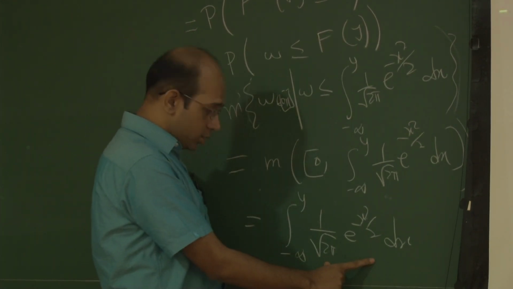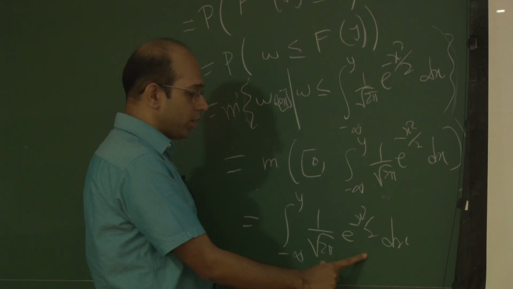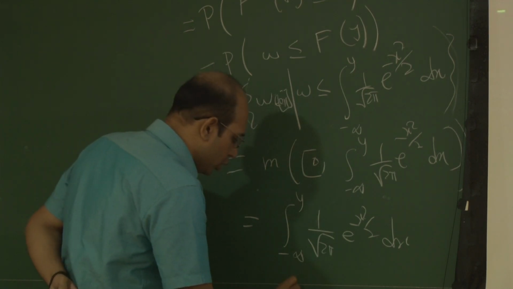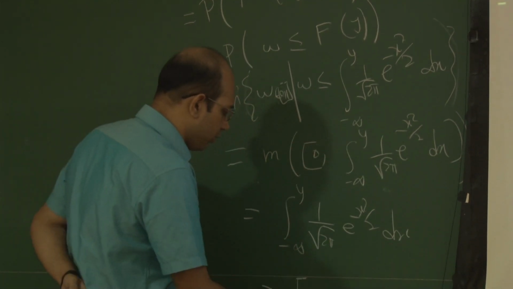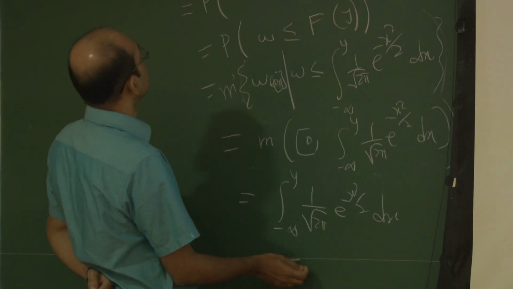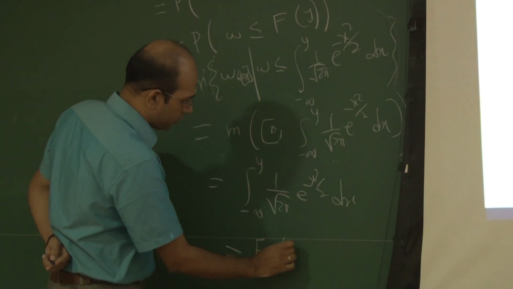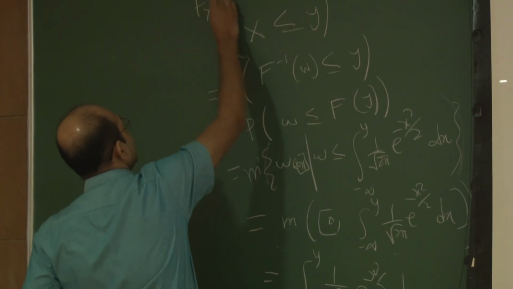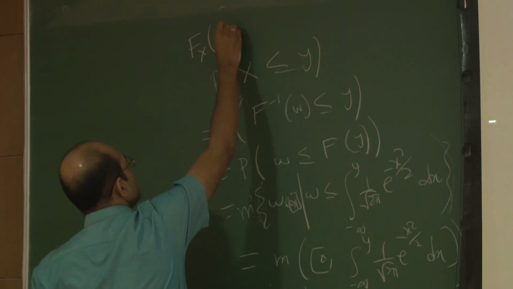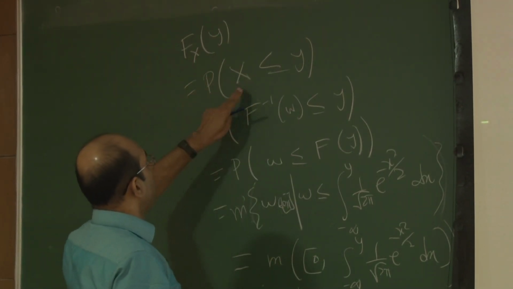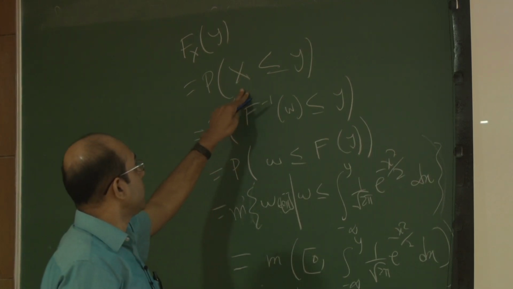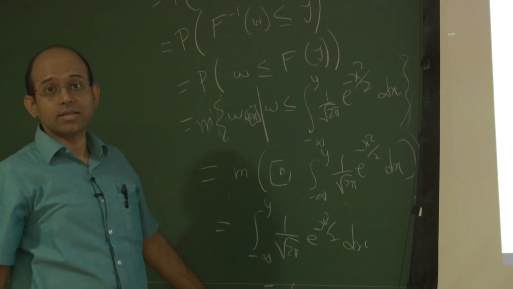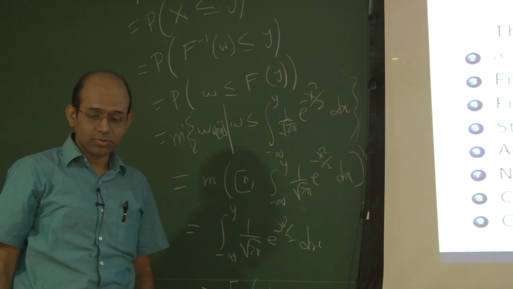Since this is the probability density function of the normal random variable, this is nothing but the CDF of the normal random variable. This was my probability of X less than or equal to y, so this is the CDF of the random variable X. So, this matches. X has the same distribution as the standard normal random variable.